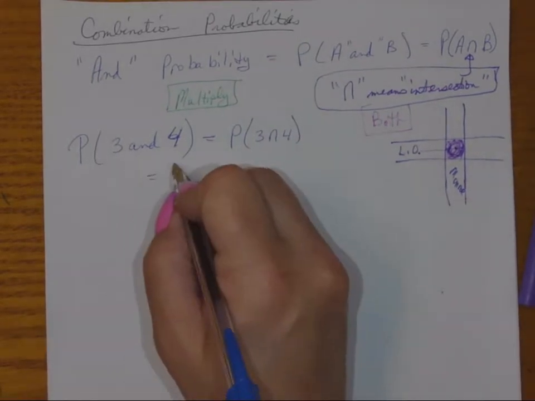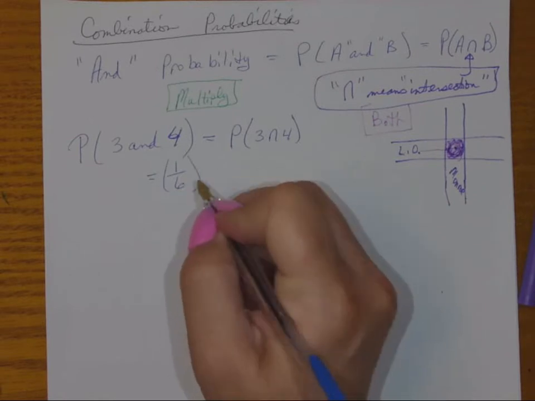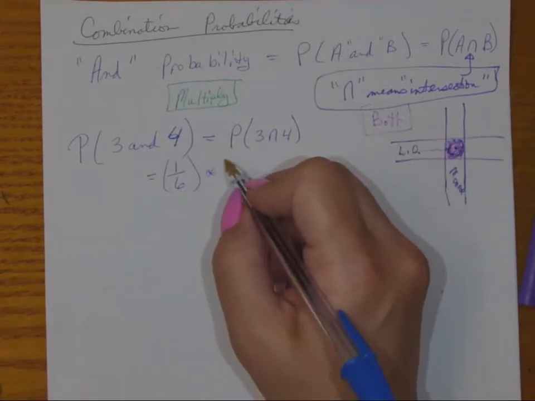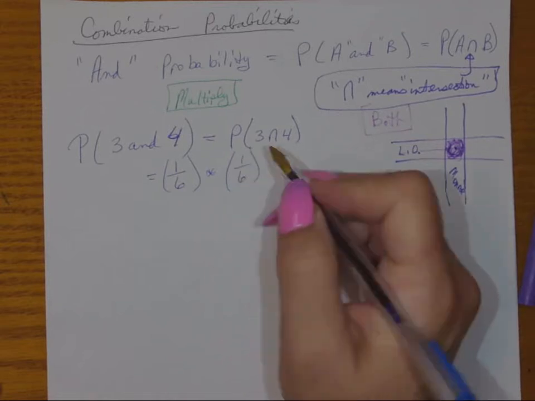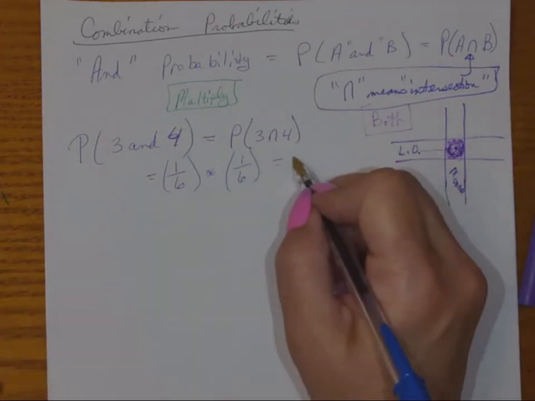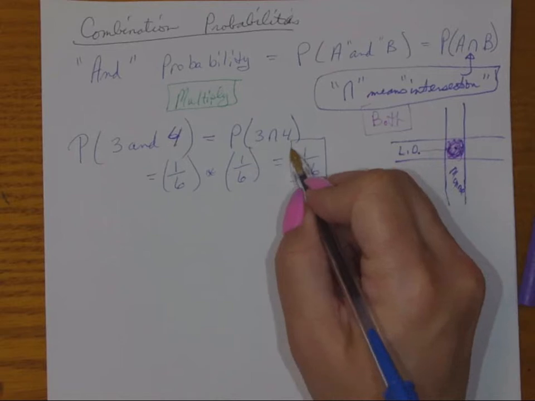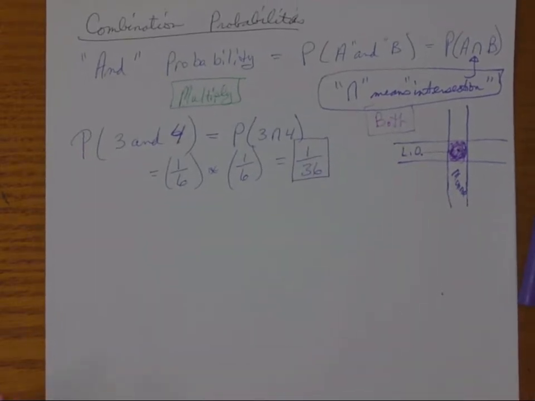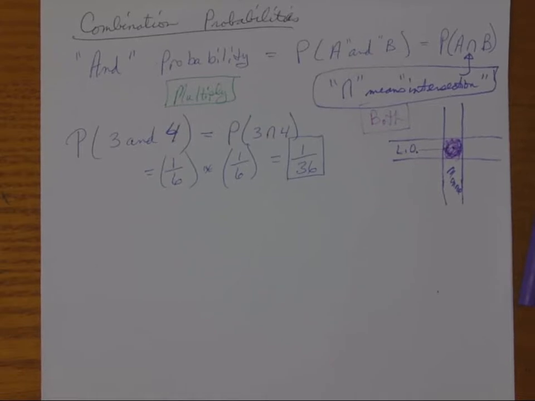So the probability of getting a 3 on that six-sided die is 1/6 times the probability of getting a 4 on that six-sided die, 1/6. So we just multiply, we get 1/36. So it's a 1 in 36 chance that you'll roll either 2 different dice or 1 die 2 times, either way, it doesn't matter, and get a 3 and a 4. 1/36, no problem.